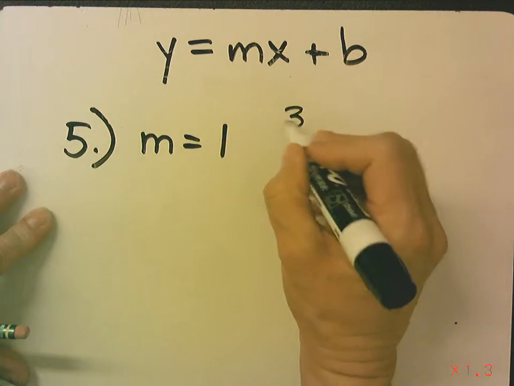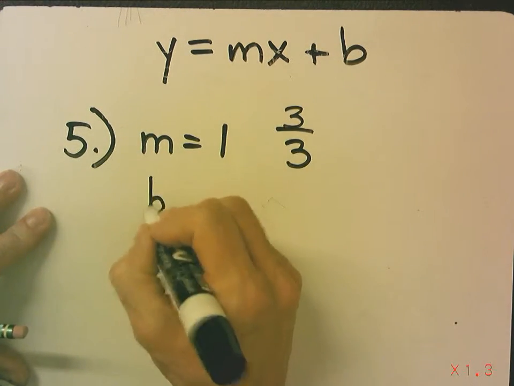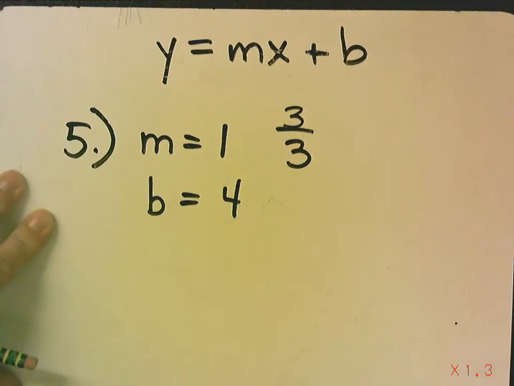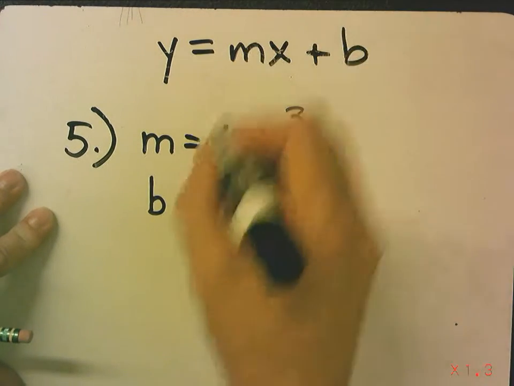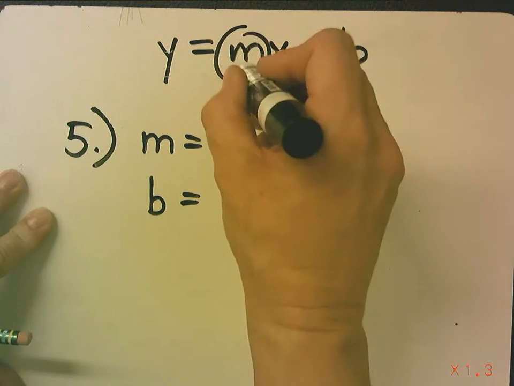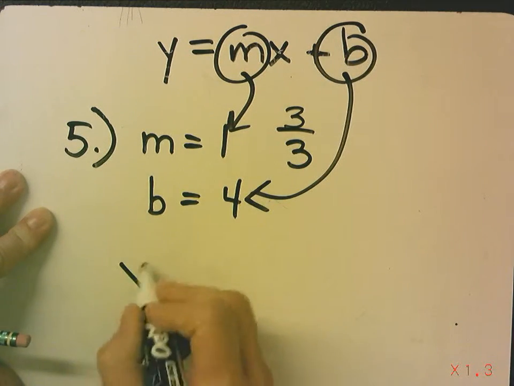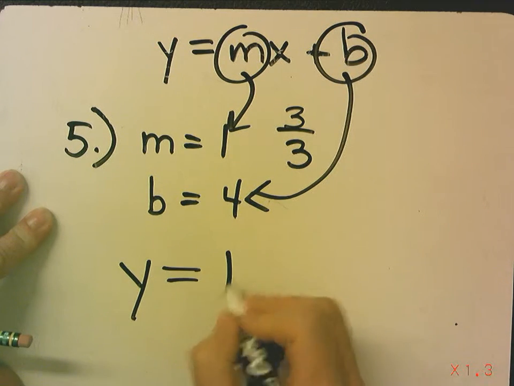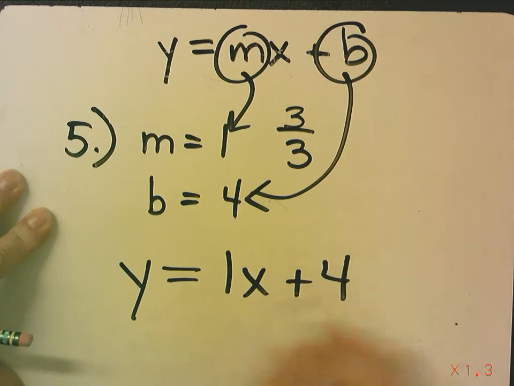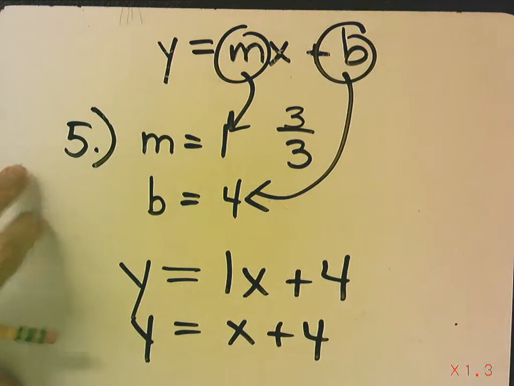I got that from counting 3 over 3. And b equals 4. So I have to substitute 1 for m and 4 for b. So this equation would be y equals 1x plus 4, which we would normally just write as y equals x plus 4. Okay, so that's number 5.